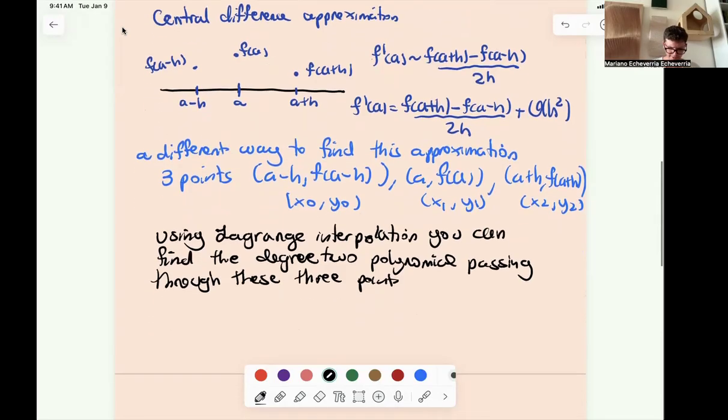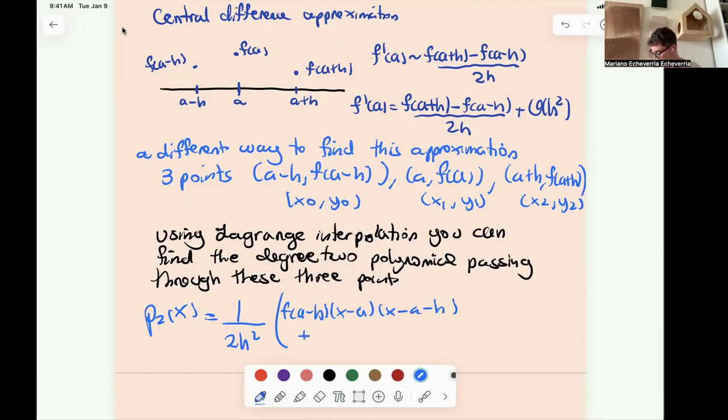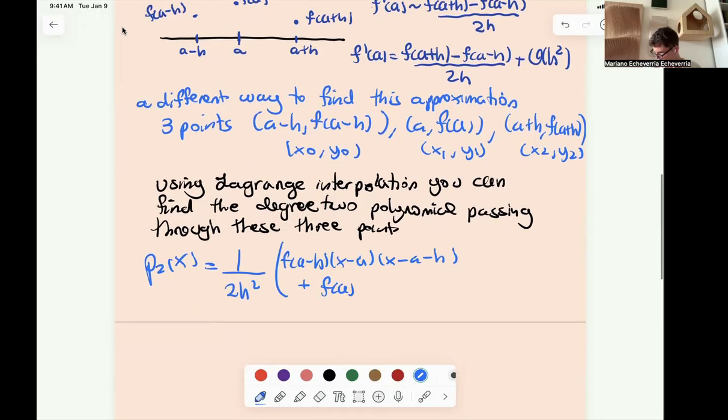I think I had written it yesterday as well. It's not too hard to find. You just find that P2 of x is 1 over 2h squared, f of a minus h, x minus a, x minus a minus h, plus f of a, x minus a plus h, x minus a minus h, plus f of a plus h times x minus a plus h, x minus a.